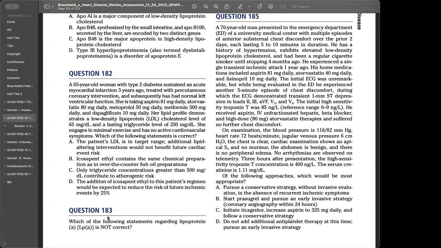Good evening, everyone. I think the option should be do not add additional antiplatelet therapy, because we already concluded that we are going to go for PCI for this patient.